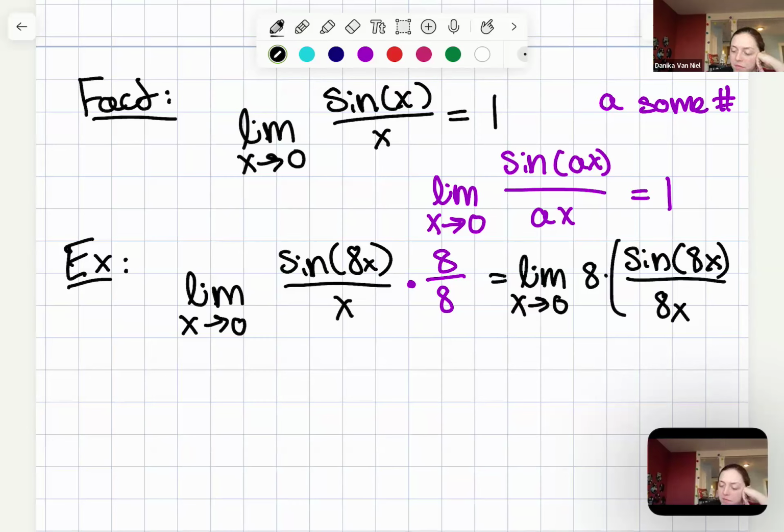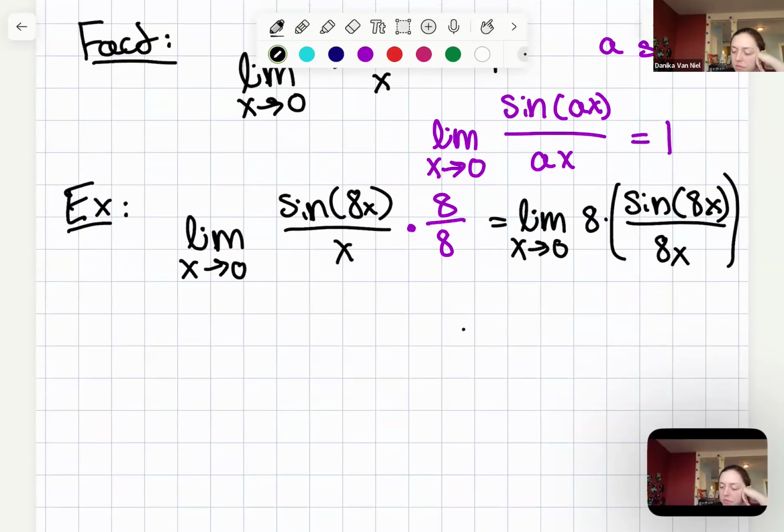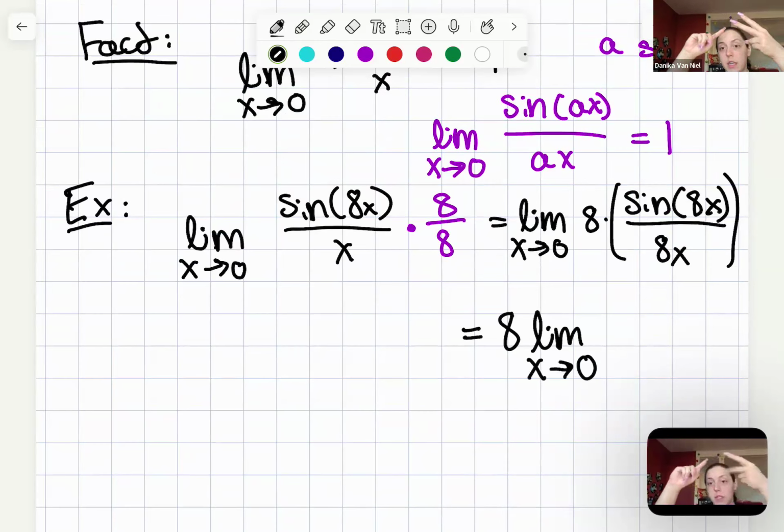And remember, I know that the limit of this piece exists, so I can pull the constant out. For something as simple as pulling out constants, it's okay with me if you don't show that the limit of the inside thing exists. The ones I really care about are the multiplications, the divisions, and the power rules.